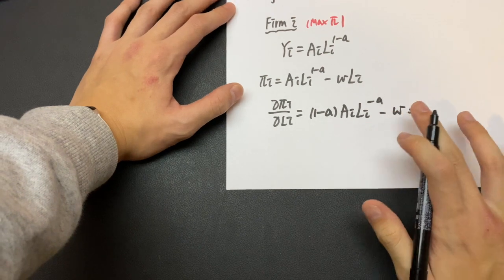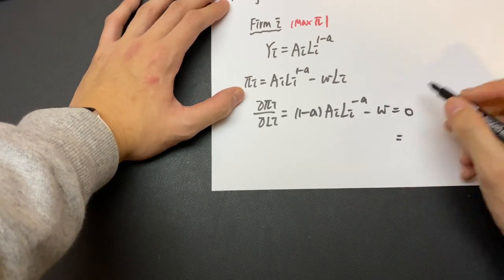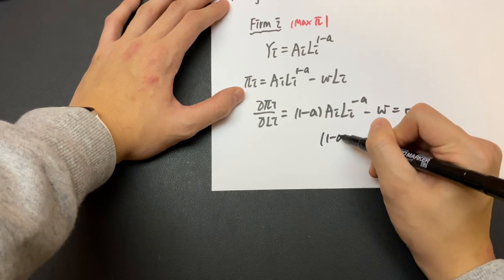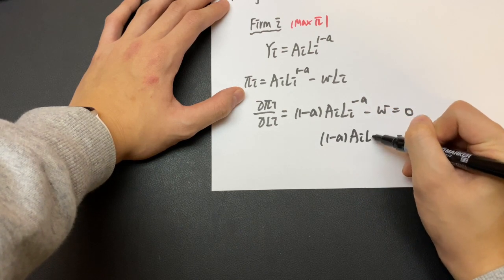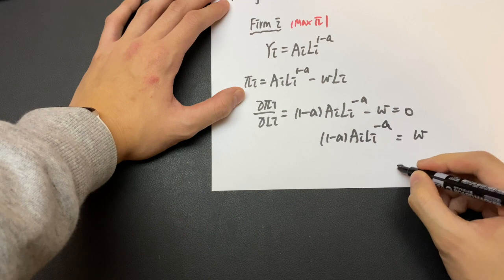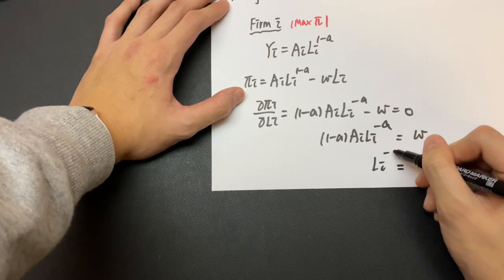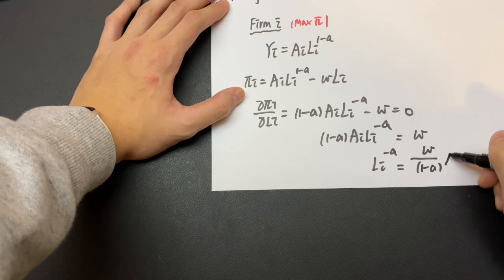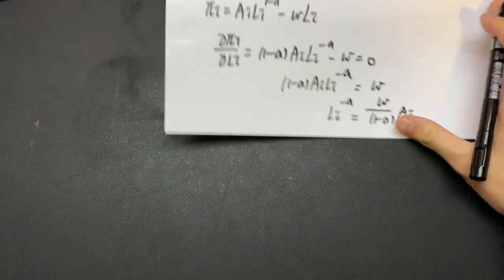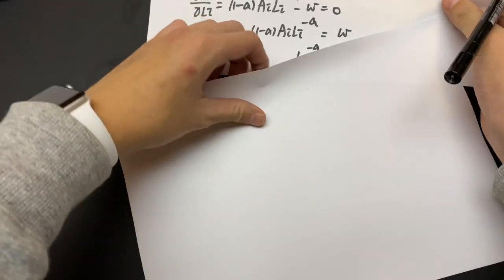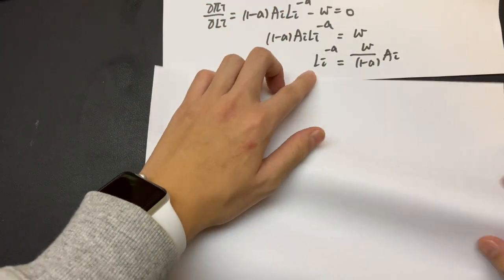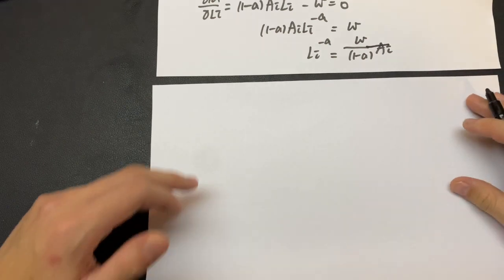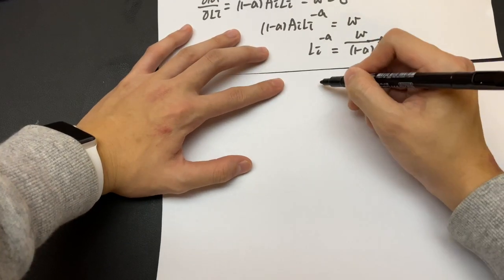Then we can rearrange the terms and we can get this. Further rearranging, we get this. Let's make the α positive, which means switching the terms. So we get this.